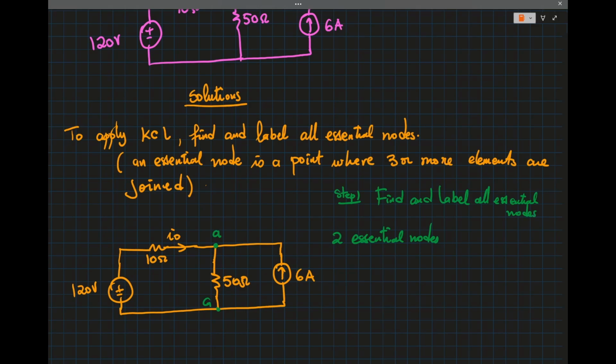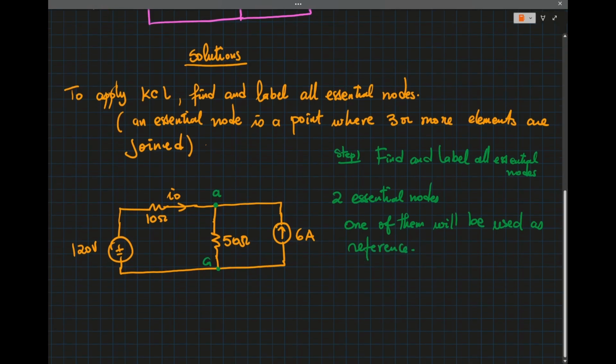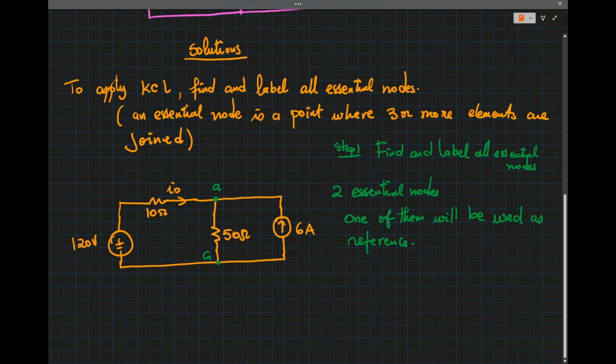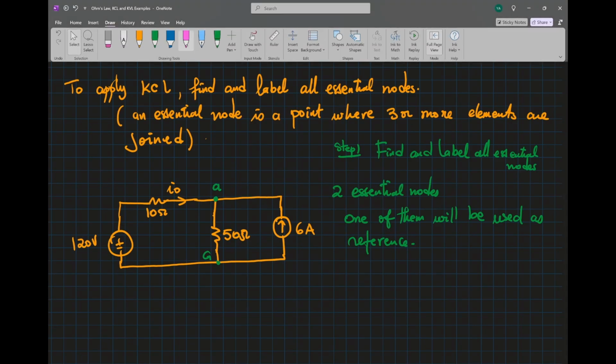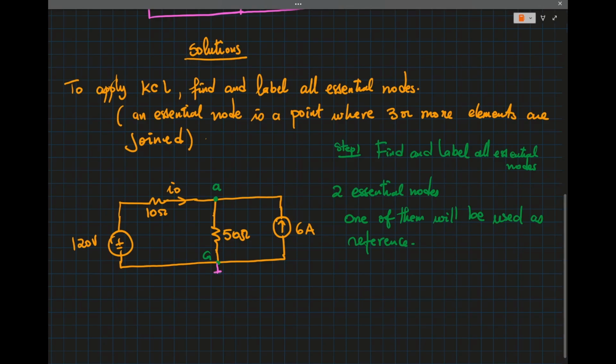We have 2 essential nodes, and one of them will be used as reference. Usually the one that has more connections is what we use as a reference, but here I'll use ground as reference, so 0 volt.